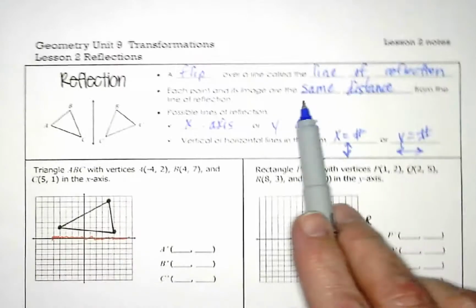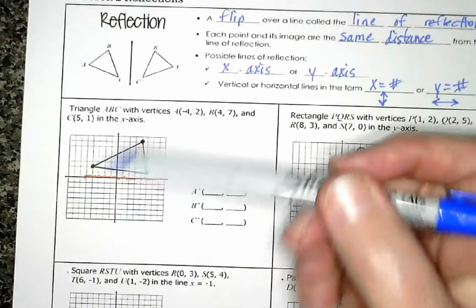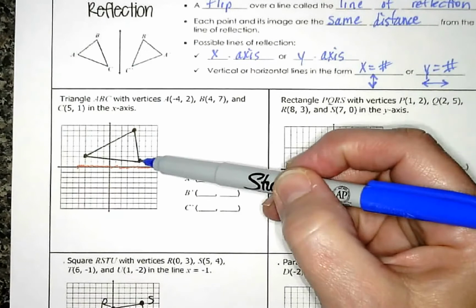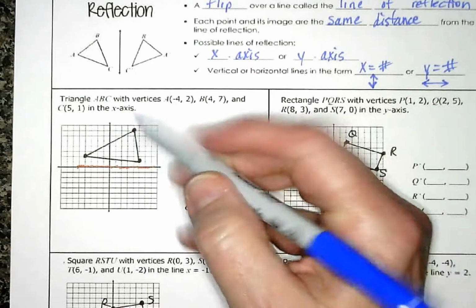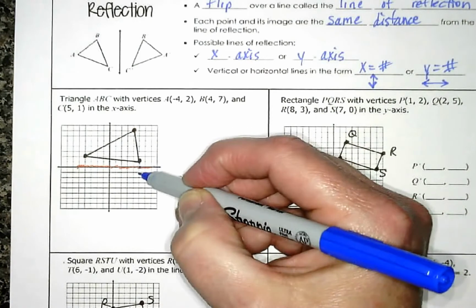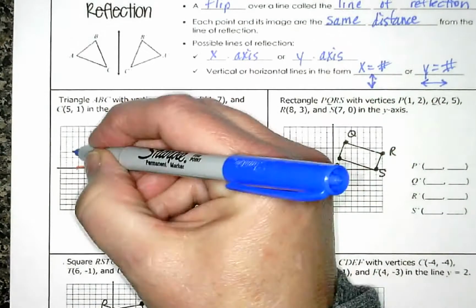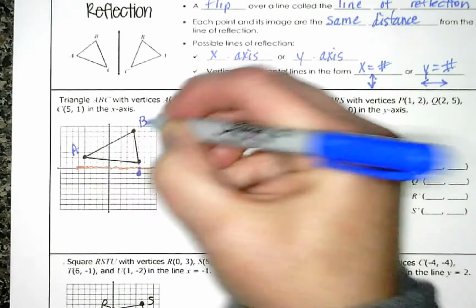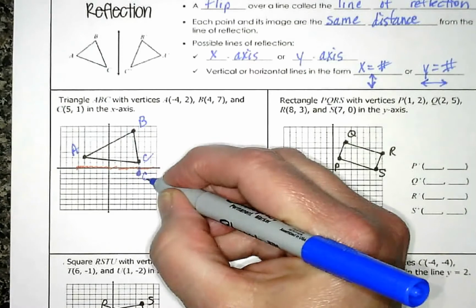Remember, each point is the same distance from that line of reflection. So the reflection of this point is the same distance from the orange line as its new one. To go from here to the line is 1, so the reflection is going to be 1 right there. I reflected C, so this is C prime.